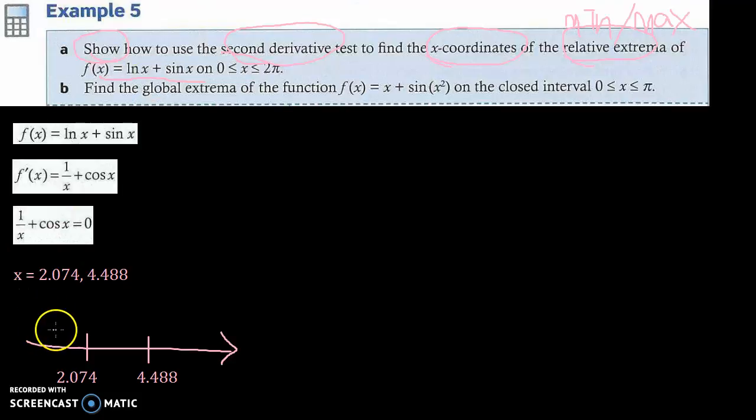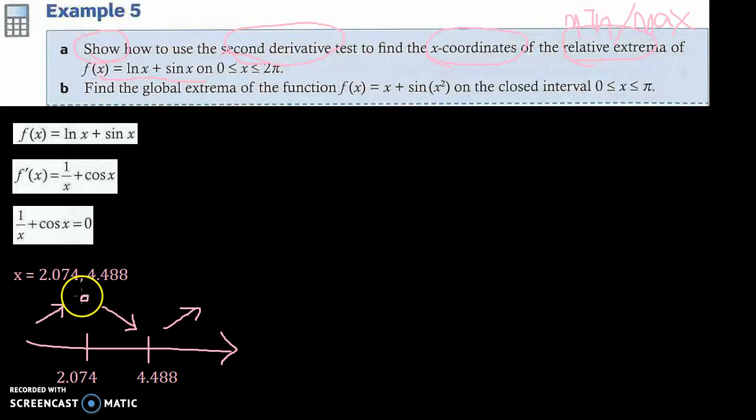Because my f prime is positive, my f of x is increasing, and my f prime is negative, so my f of x is decreasing. My f prime is positive, so my f of x is increasing.